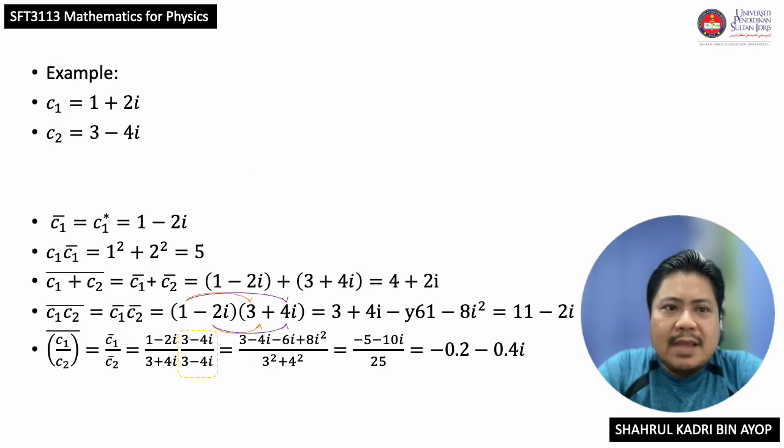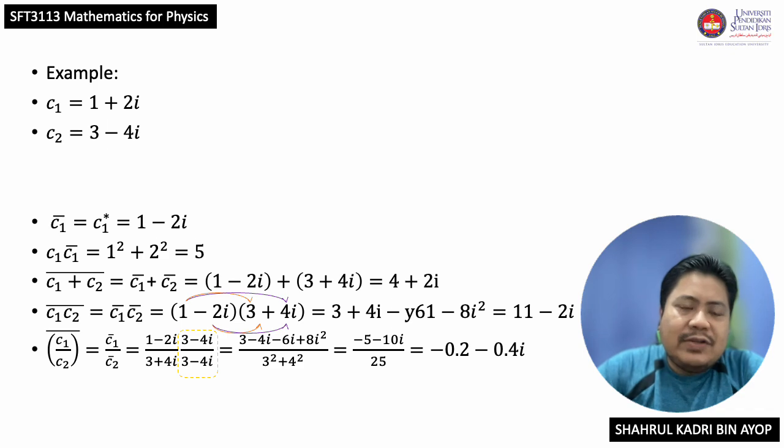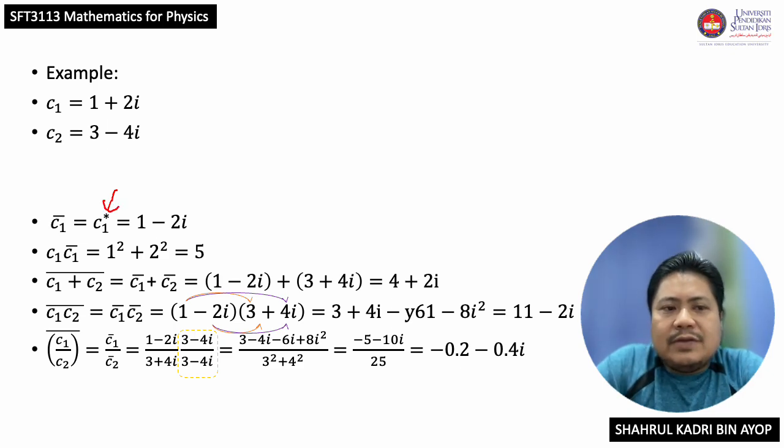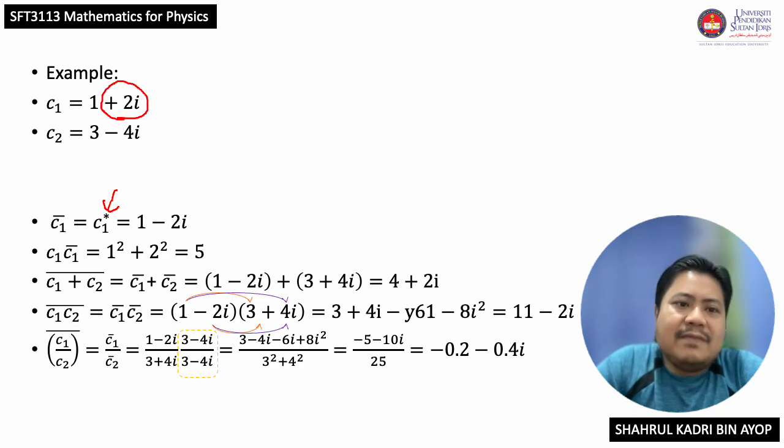For example, you are given 1 plus 2i and 3 minus 4i. So you see the conjugate of the first is equal to 1 minus 2i. You see this part becomes negative for the conjugate.